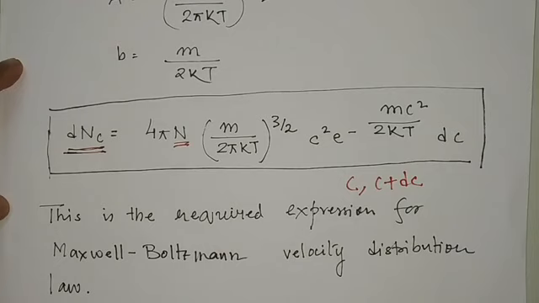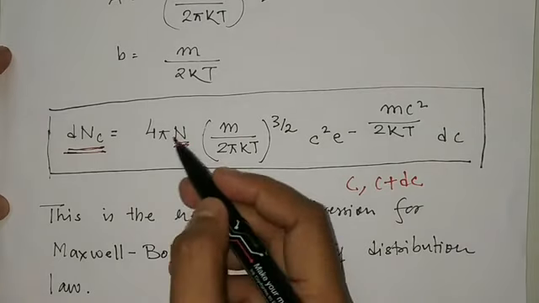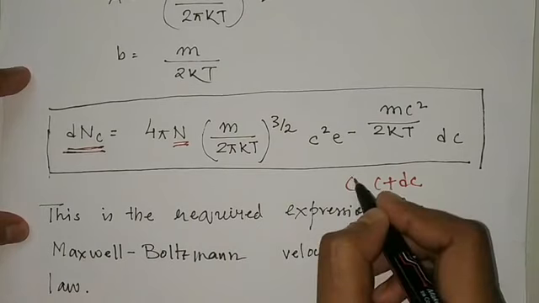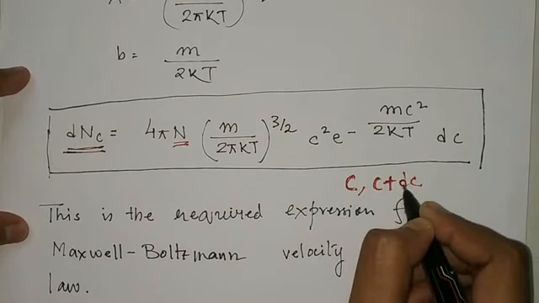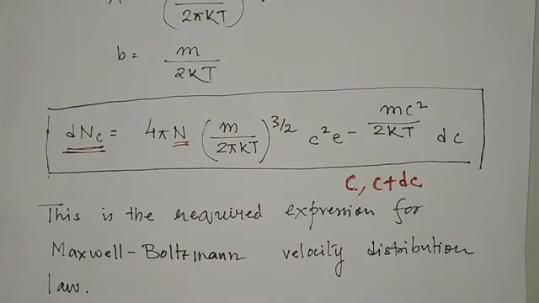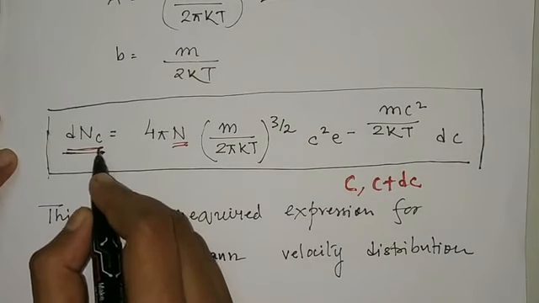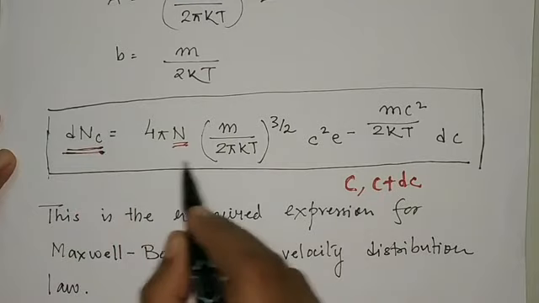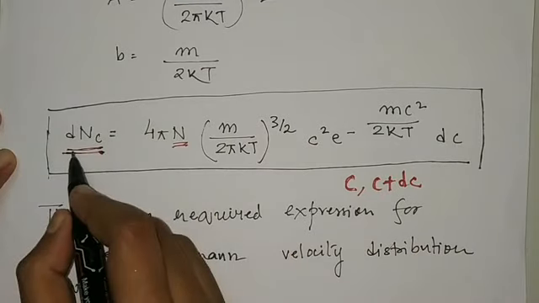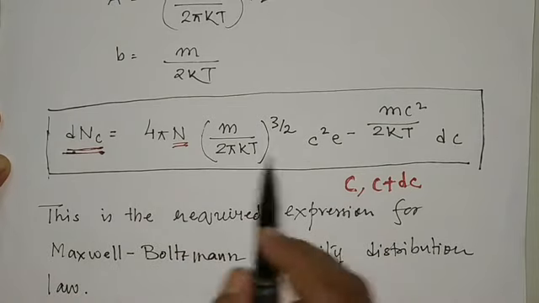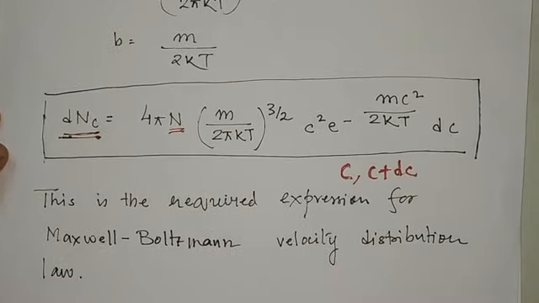So if we have a gaseous system containing n molecules and we want to find how many molecules are moving with a velocity in the range c and c plus dc, then the number is dn_c, and dn_c can be expressed by this term. It depends on c by this expression.